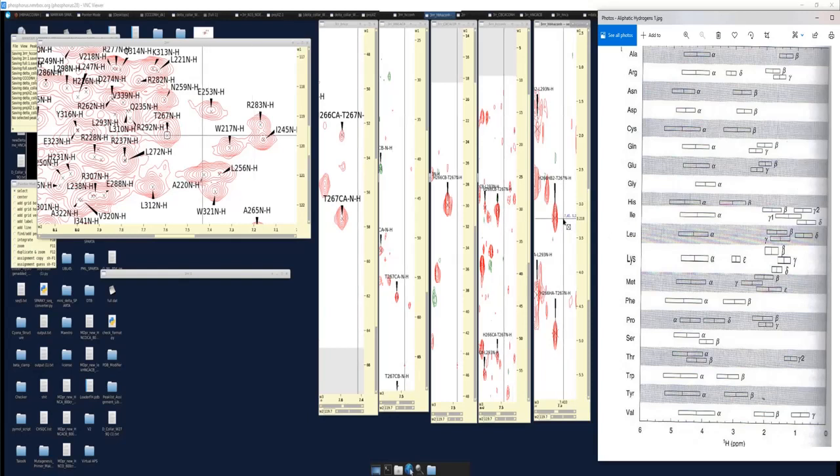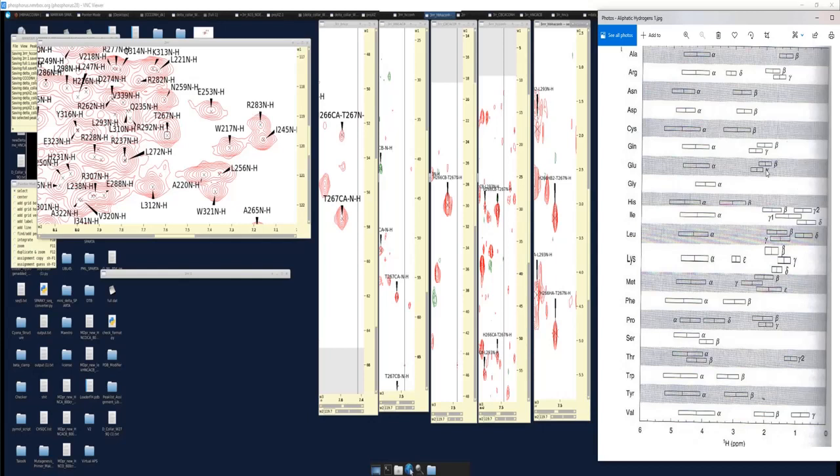Using the H alpha, H beta, we can still eliminate those, right? So you can see that glutamine and glutamic acid H betas are not at 3.2. And so this experiment can give you specific hydrogen values that enable you to eliminate some of your potential options.